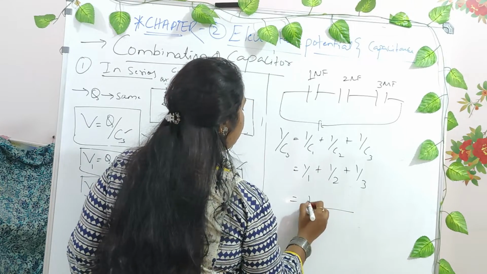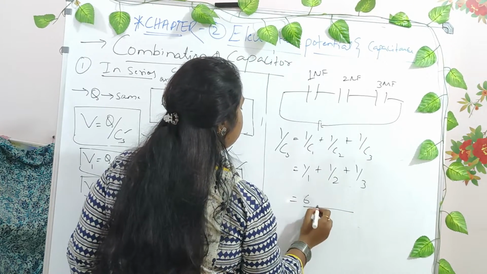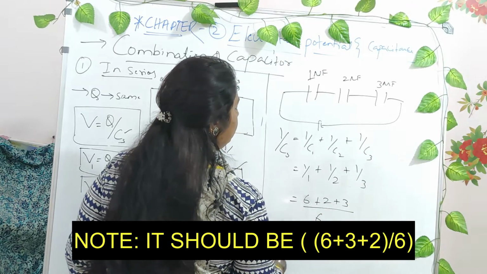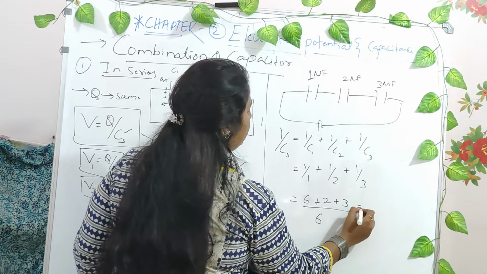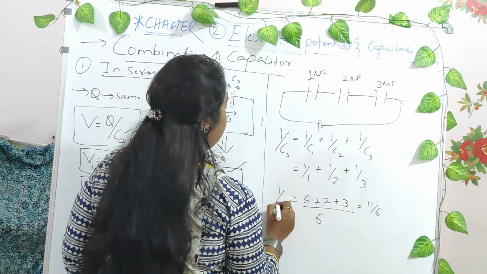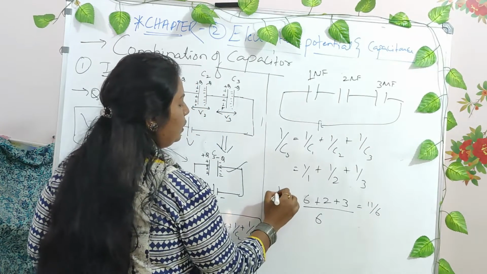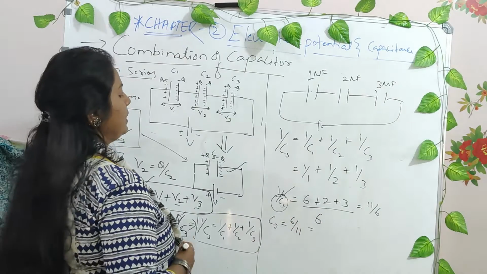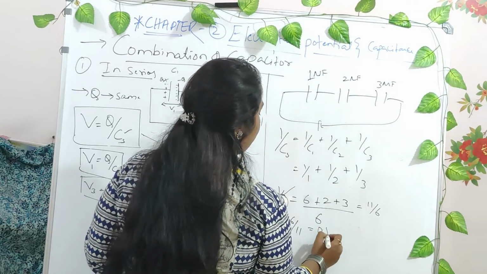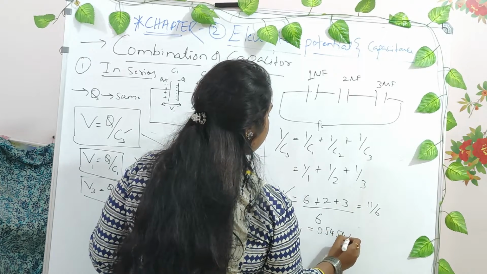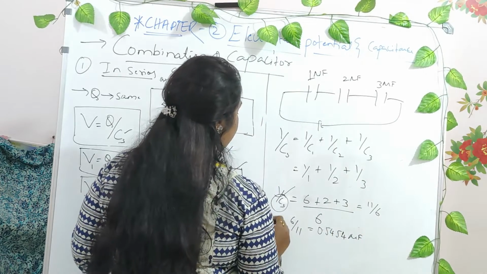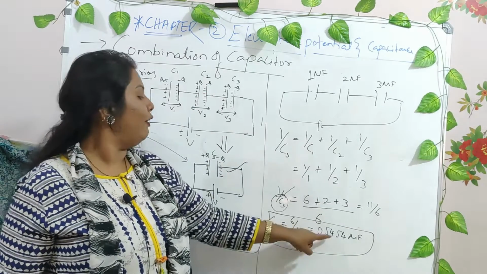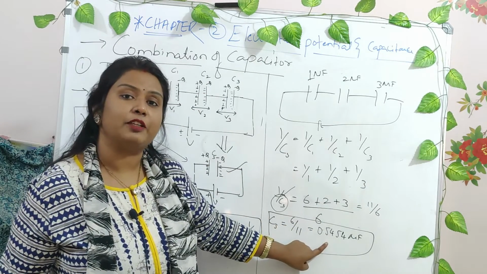Taking the common denominator 6, it is 6 plus 3 plus 2, that is 11 by 6, which is 1 by CS. So CS is equal to 6 by 11. What is 6 by 11? It is 0.5454 something microfarad, right?